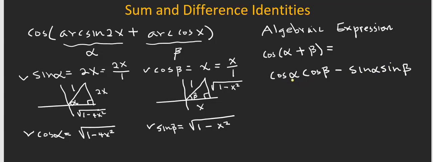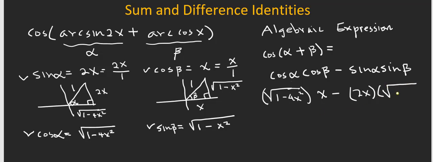What is cosine alpha? Cosine alpha is radical 1 minus 4x squared. What is cosine of beta? It's right here. It's x. What is sine alpha? Sine alpha is 2x. And what is sine beta? Sine beta is radical 1 minus x squared.